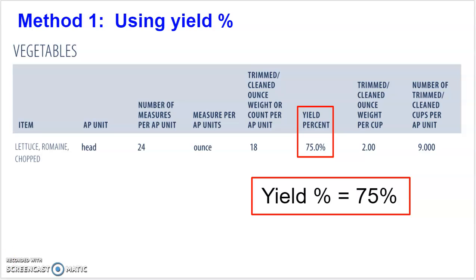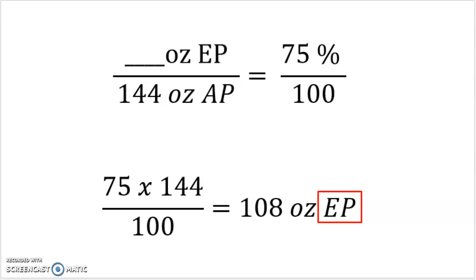So now I want to go from AP to EP. That's what yield percent does for you. It lets you go between EP and AP. So the yield percent on romaine lettuce, for chopped romaine lettuce, is yield of 75%. So we set up our usual yield percent formula. The 144 ounces that we calculated is in the AP slot, 75% yield.